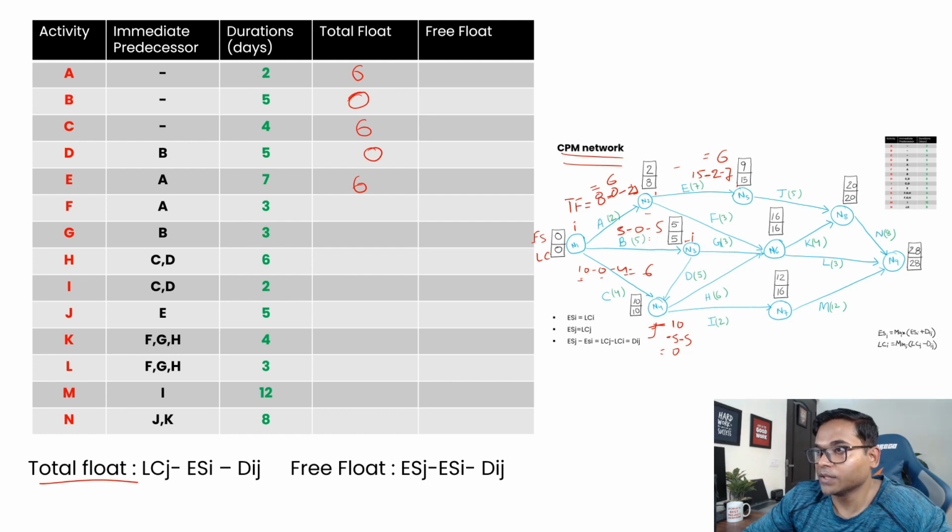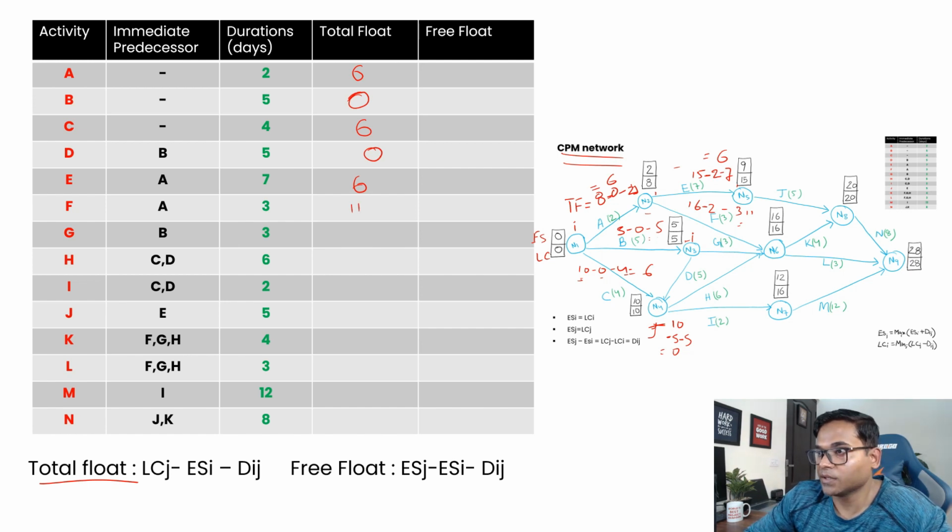Now for F, where is F? F is here, so this is I and this is J. Remember, 16 is the LC, so 16 minus early start 2 minus duration 3 becomes 11. So F is 11.